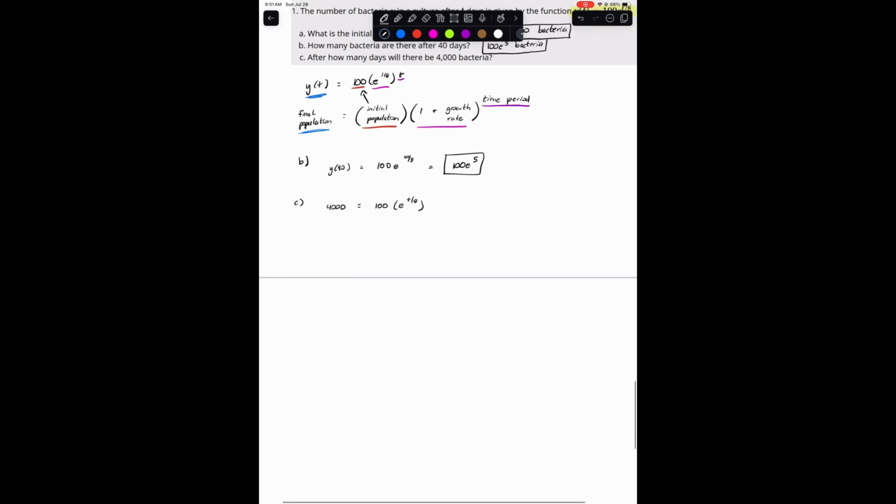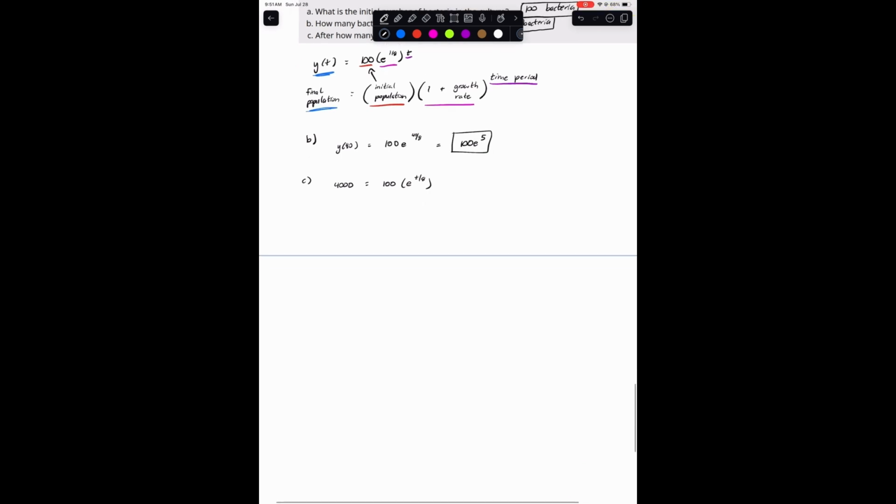So first we can divide both sides by 100 to have 40 equals e to the t over 8. We can take natural log of both sides. So natural log 40 equals t over 8, because natural log and base e cancel. You can multiply both sides by 8 and get t equals 8 natural log 40 days.